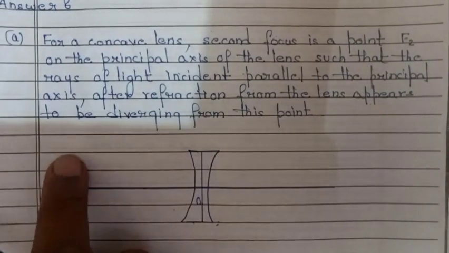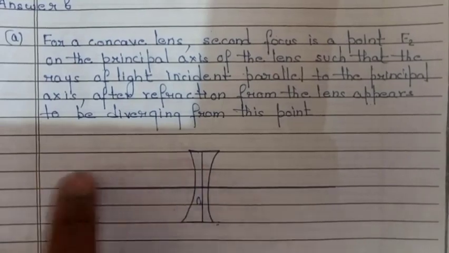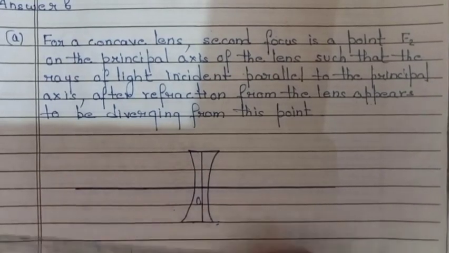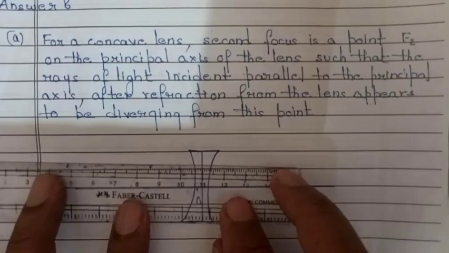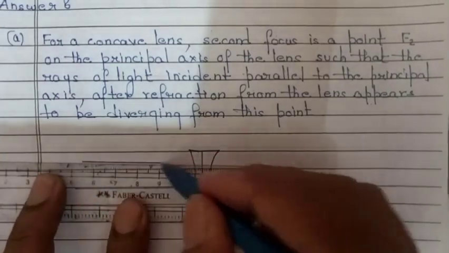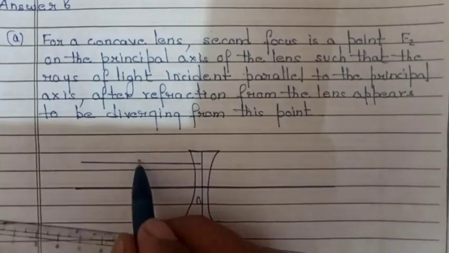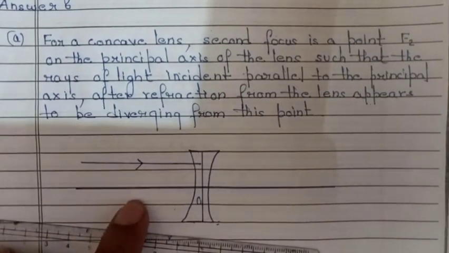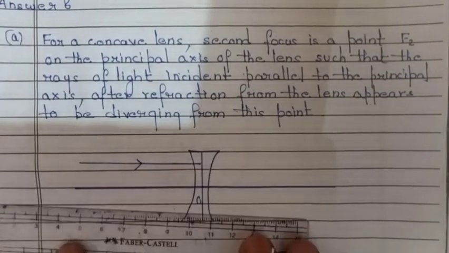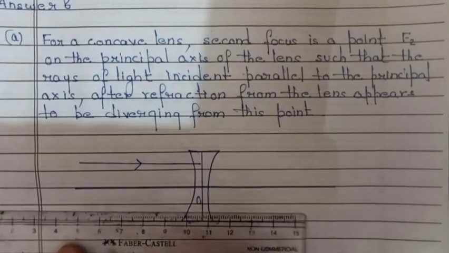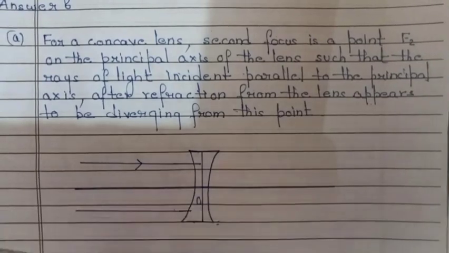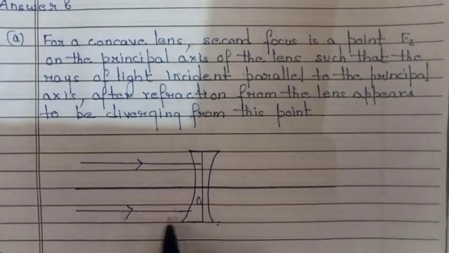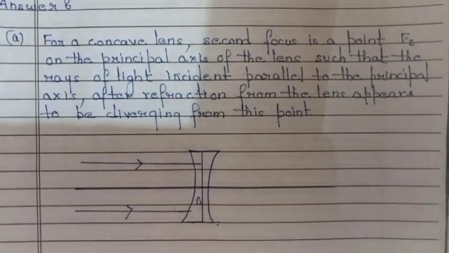So let us consider incident rays coming from this side which are parallel to the principal axis. This is the incident ray which is coming parallel to the principal axis. Let us consider one more ray. This ray is also an incident ray coming parallel to the principal axis.